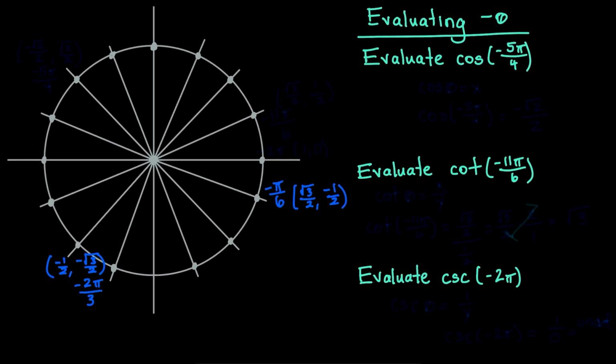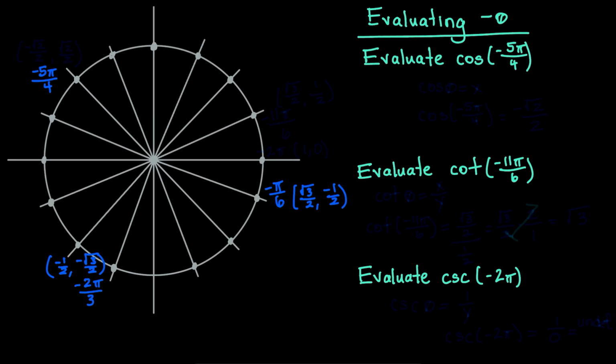Now we're going to evaluate cosine of negative 5 pi over 4. The angle is negative, so we know we're going clockwise. My numerator is 1 more than my denominator, so I know I'm in quadrant number 2. And I know my fourths are the angles that go straight through the middle. So negative 5 pi over 4, terminal angle is going to fall here.